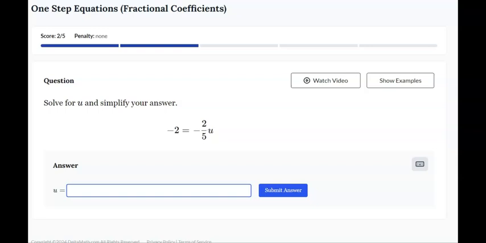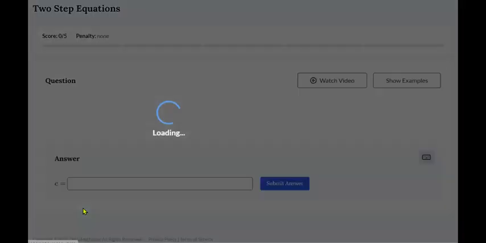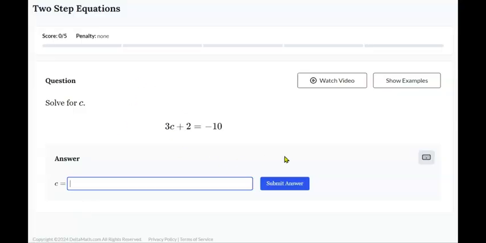All right, the last section asks us to put these two things together. How do you get rid of a constant? How do you get rid of a coefficient? And that's called a two-step equation. It doesn't matter who you get rid of first. You can either undo multiply by 3, or you can undo adding by 2.